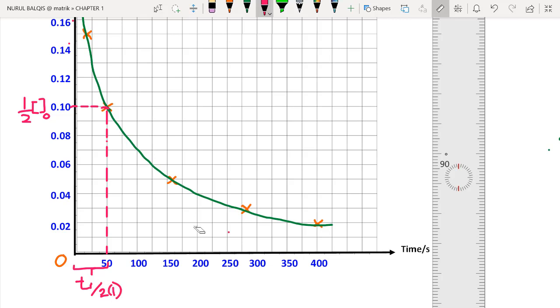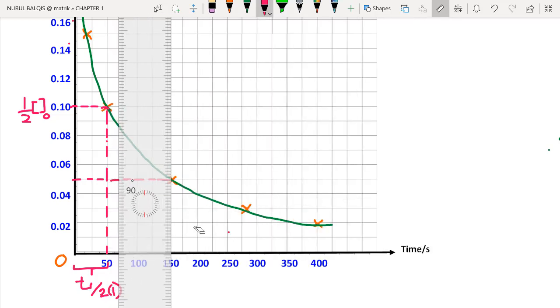Okay, as for the second half-life, you need to reduce another half of the concentration from the first half-life. So from 0.10, if we further reduce it, we're gonna get 0.05. So at 0.05, we need to take it all the way to the curve, and then we're gonna get the time for the second half-life.